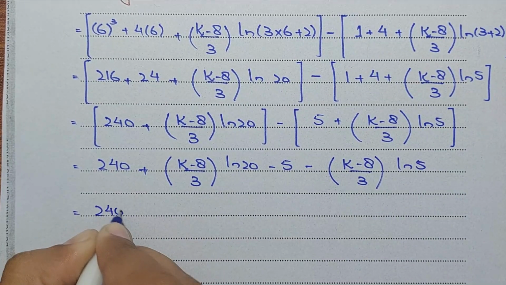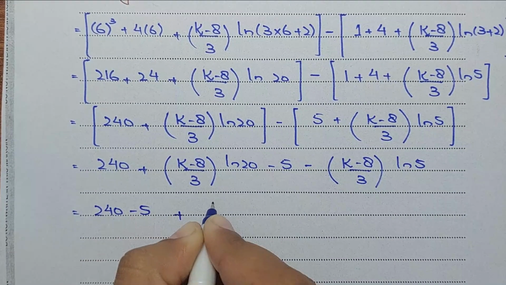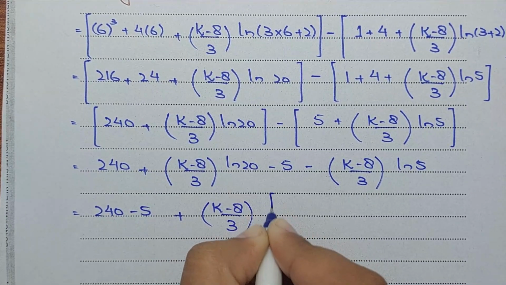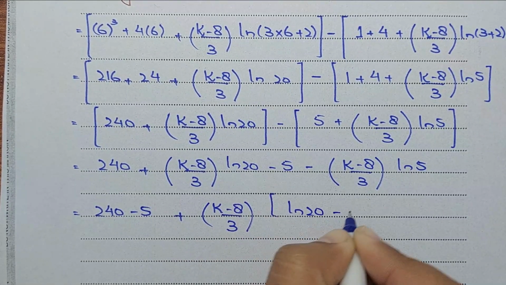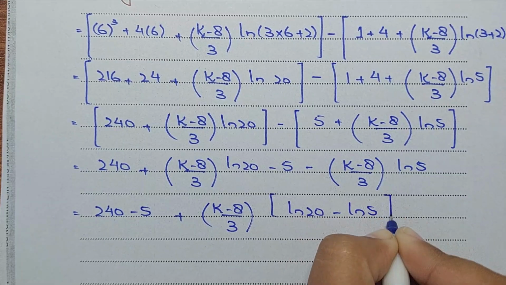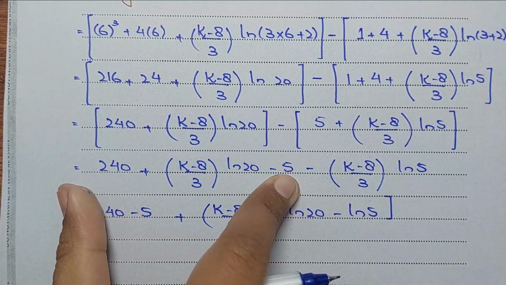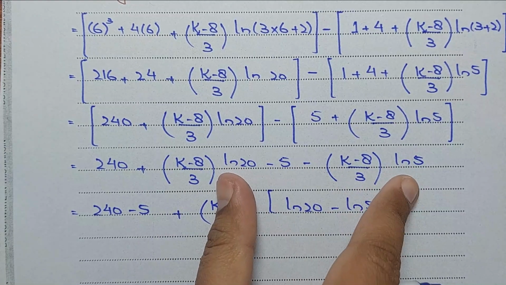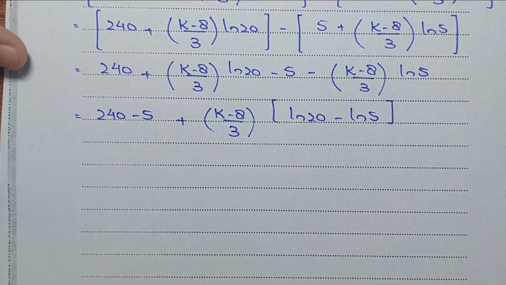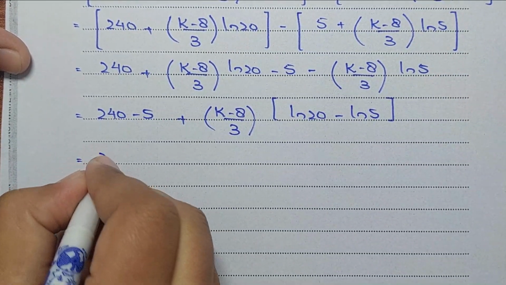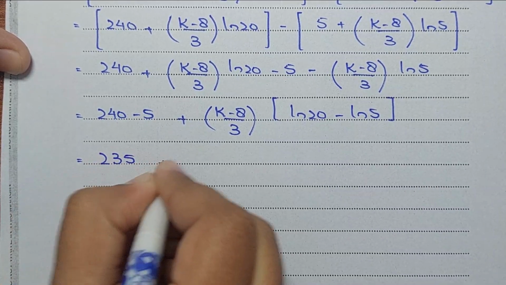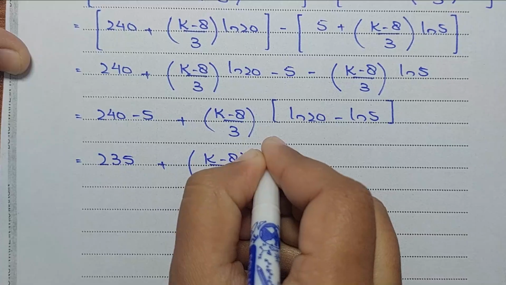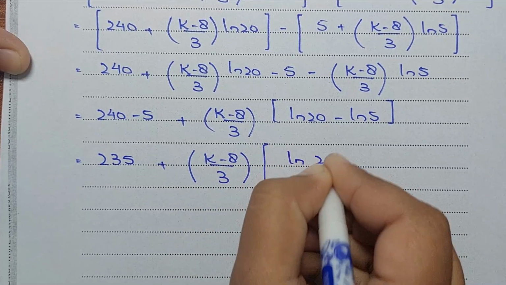Now 240 minus 5, and k minus 8 over 3 is common, and in the bracket natural log of 20 minus natural log of 5. From 240 take away 5 is 235, plus k minus 8 over 3, and here we have natural log of 20 over 5.